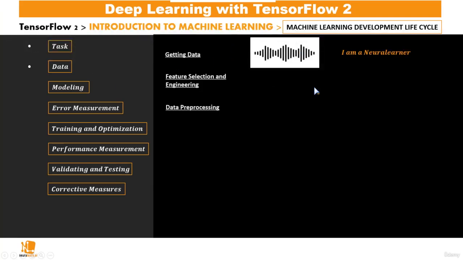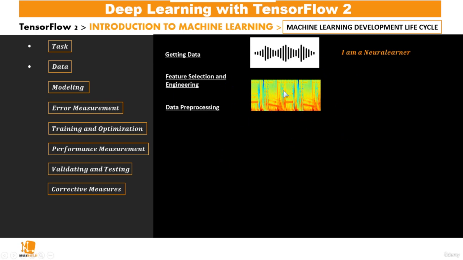Getting back to our voice transcription example, we could look at feature selection and engineering. It doesn't suffice to get your data and input it in whatever fancy model we have, but we have to be able to select those features which actually matter, because sometimes we have data which has so much information, and some of this information may not be actually useful in helping us solve a particular problem.